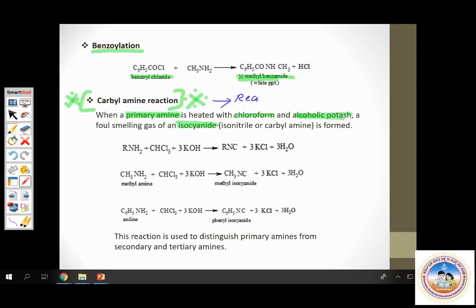Secondary and tertiary amines do not undergo carbylamine reaction. Hence, you can use this reaction to distinguish primary amines from secondary or tertiary amines. Easy. Okay, good. That is about carbylamine reaction.